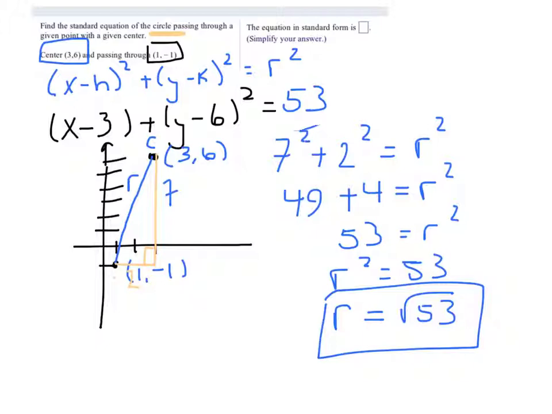The reason we take the square root of it is we want to know what r is, not what r squared is. So this would be the standard form of the equation. The center they gave us was 3, 6, and then the radius, which they asked us to find in lieu of putting into standard form of the equation, is square root of 53. I hope this helps. It's kind of a tricky little question, and it's an easy mistake to make, so watch out for it on the test.